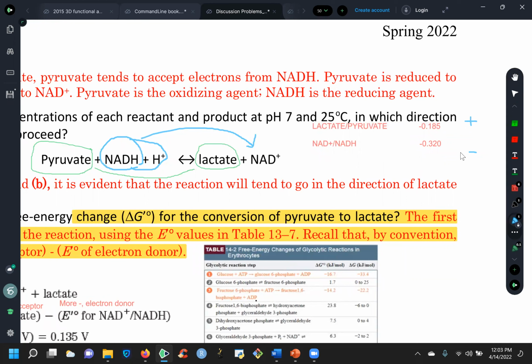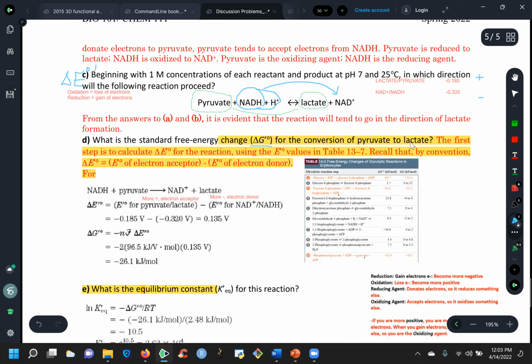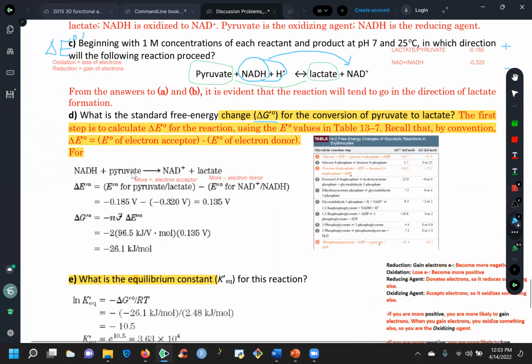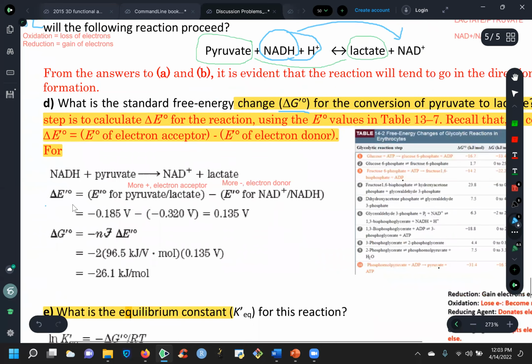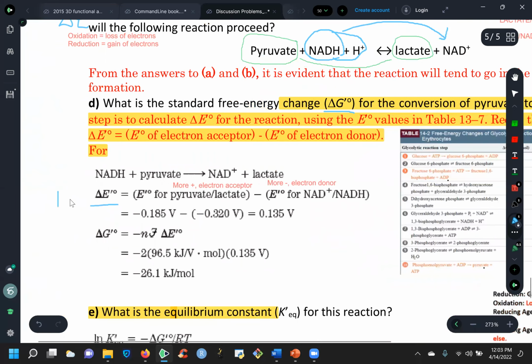So here it's telling you, what is the standard free energy change? And I'll give you that formula later for the conversion of pyruvate to lactate. The first step is to calculate the change in standard reduction potential for the reaction. So this is really easy. So that's step one. Okay, I'm going to write it down right here. Step one, and this will be step two.